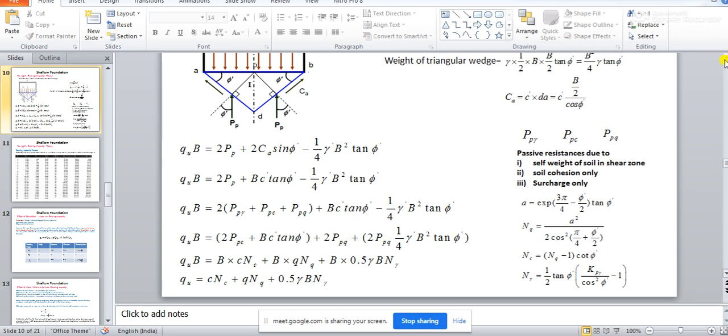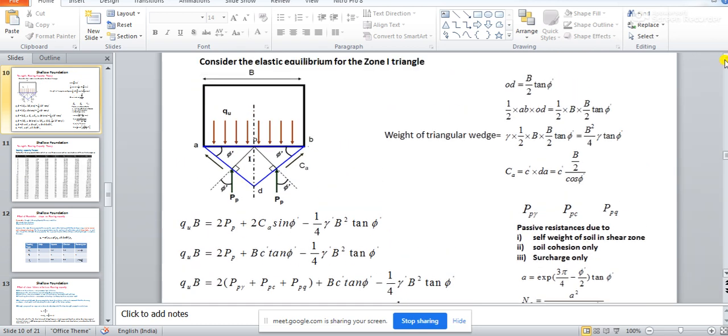I will not suggest as of now to go through this derivation step by step, just remember that this equation is derived using only the method of elastic equilibrium equation.